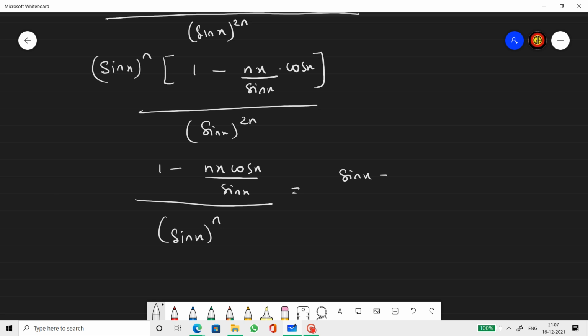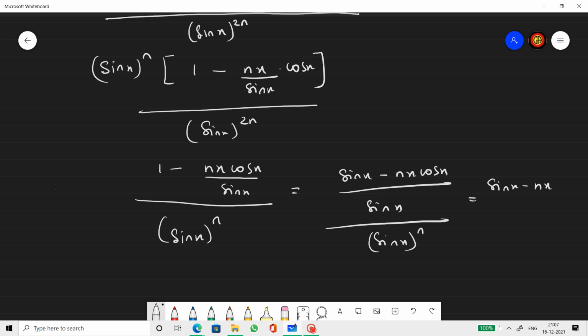So sin x minus nx cos x by sin x, whole by sin x to the power of n. Now take the denominator further down. It is sin x minus nx cos x by sin x to the power of n plus 1. So that's the final answer.